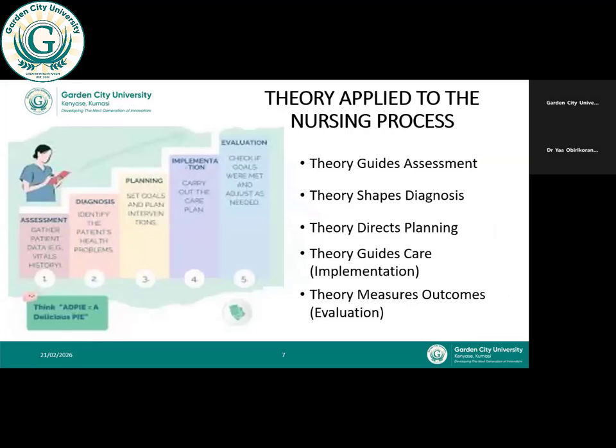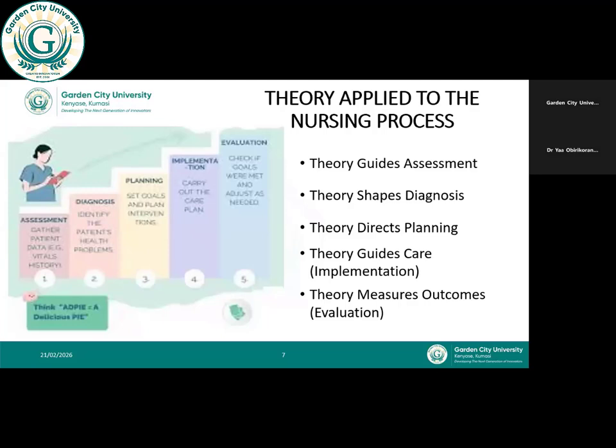We already know that the nursing process has the 5 steps. We know about assessment, diagnosis, planning, implementation, and then evaluation. So how are you going to apply the nursing theory to the various steps? That is what we are going to be discussing.